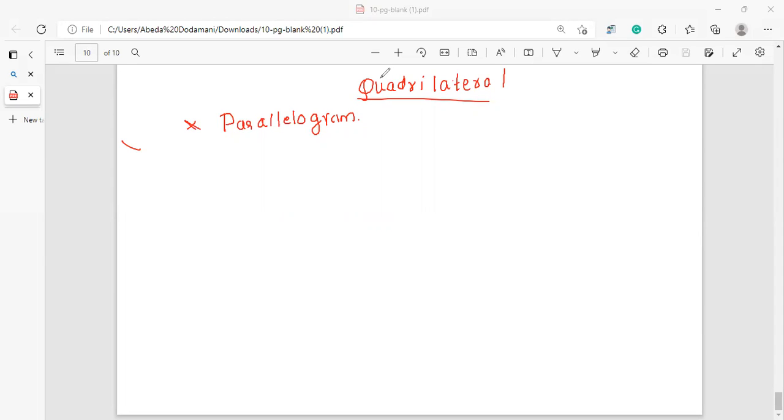So let me draw it for you. Usually the parallelogram that we draw looks like this. Here I'm also joining the diagonals.